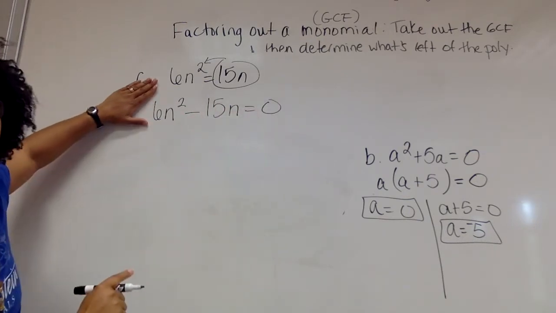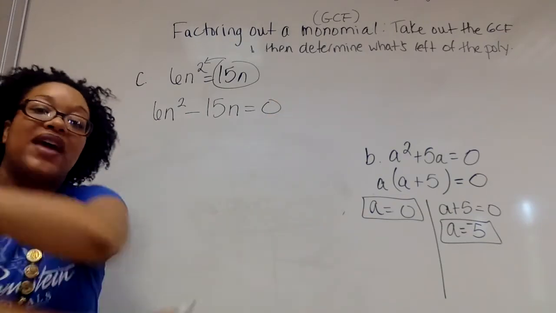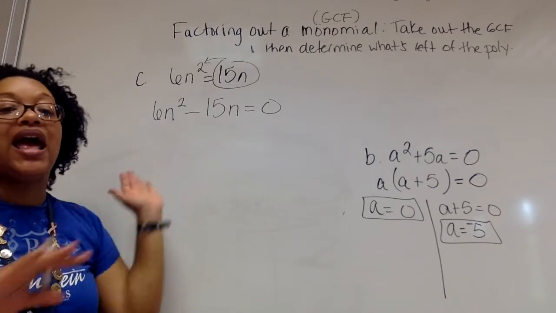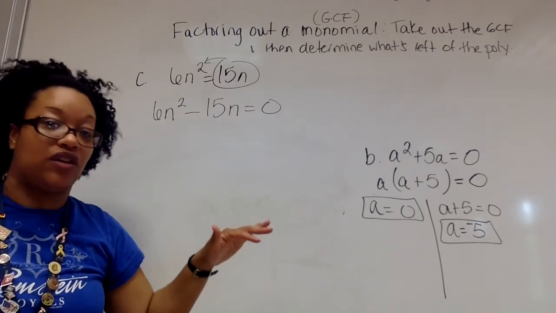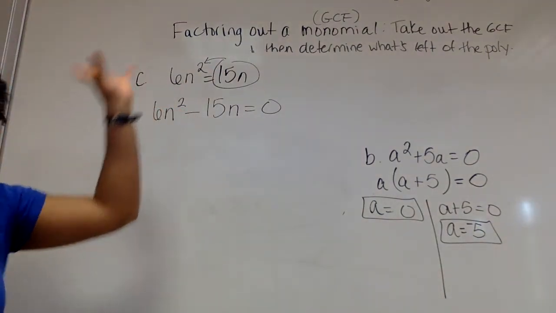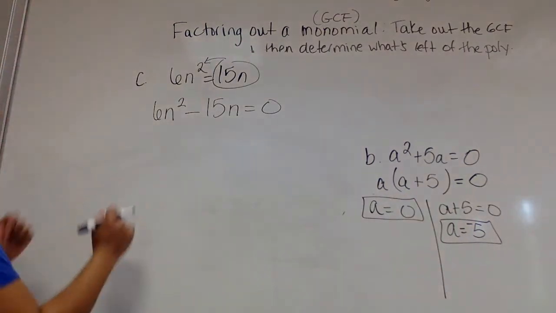If you put 6n squared plus 15n, I'm done. I'm not even going to bother to look at the rest of the work. You've got to make sure that when you move something over to the other side of the equal sign, you change that sign. So now we're ready.